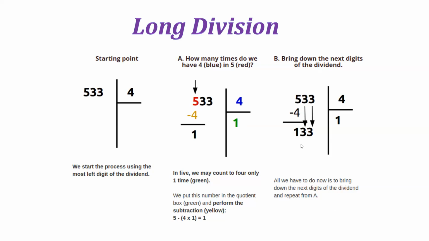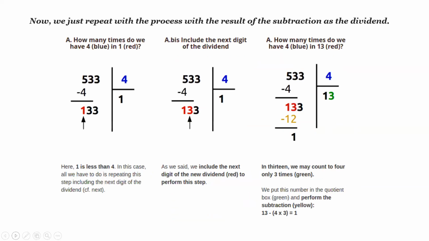All we have to do now is bring down the next digit of the dividend and repeat this process with the new dividend. So how many times do we have 4 in 1? It is no times.